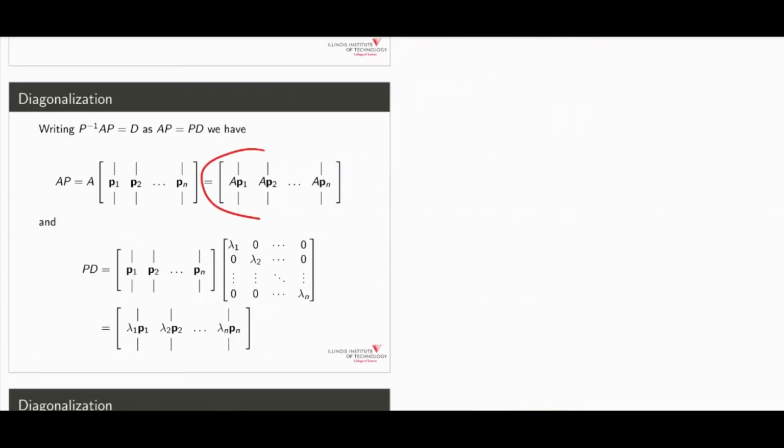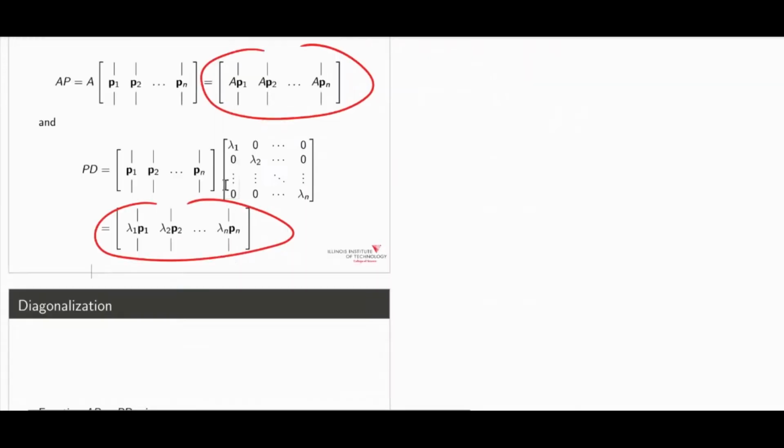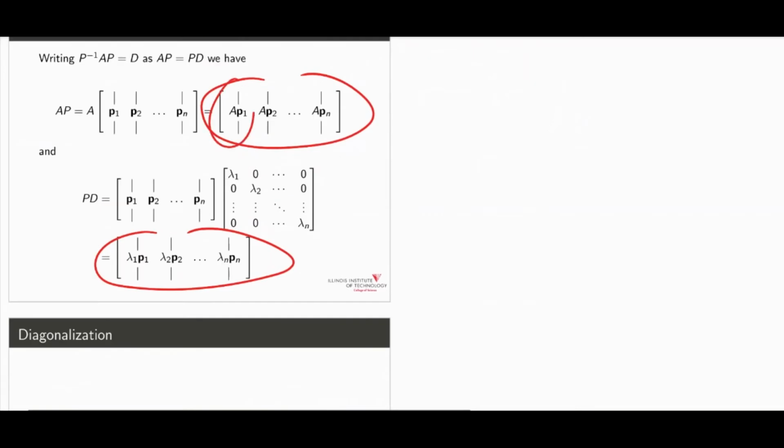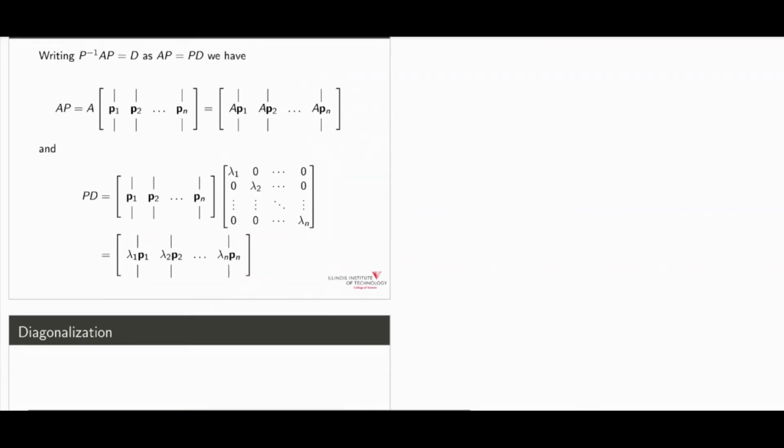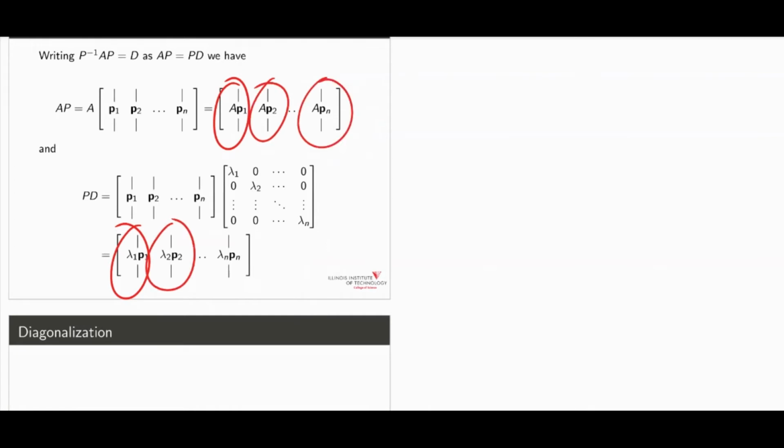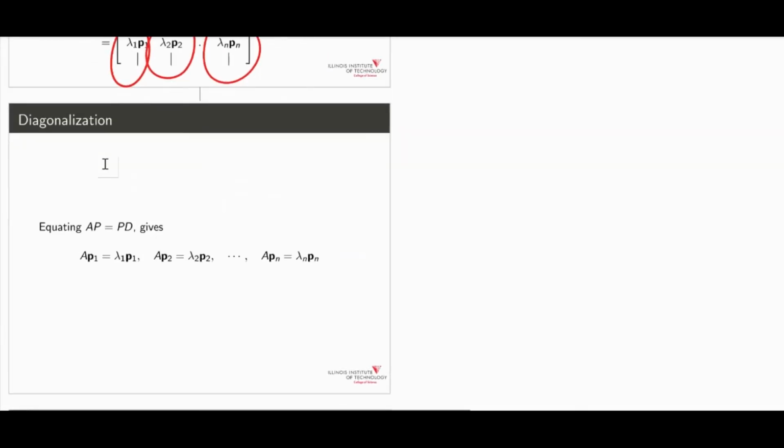All right, so now that you have AP looks like this, PD looks like this, if you equate these two matrices together, you will see that your AP1 will equal lambda 1 p1. Your AP2 will have to equal lambda 2 p2, all the way to APn will have to equal lambda n pn. So now you see that AP equals PD gives you this.